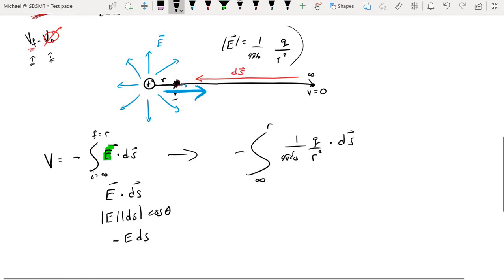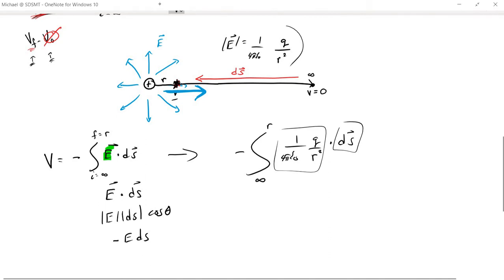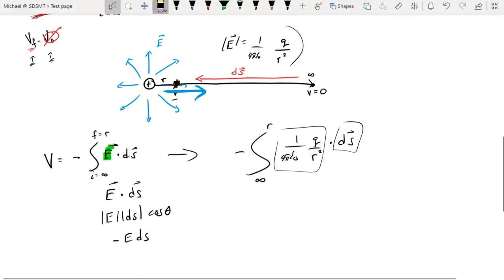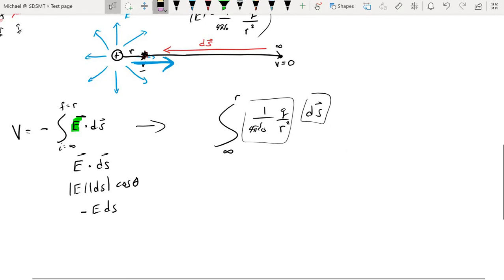And, well, I already have E, I already have ds. The only thing that's left is to get rid of that dot product. But in doing so, it introduces a -1. I already have a minus sign out front, so now everything is positive. So that's always good if we can get rid of a minus sign along the way, and then we lose the vector notation there.